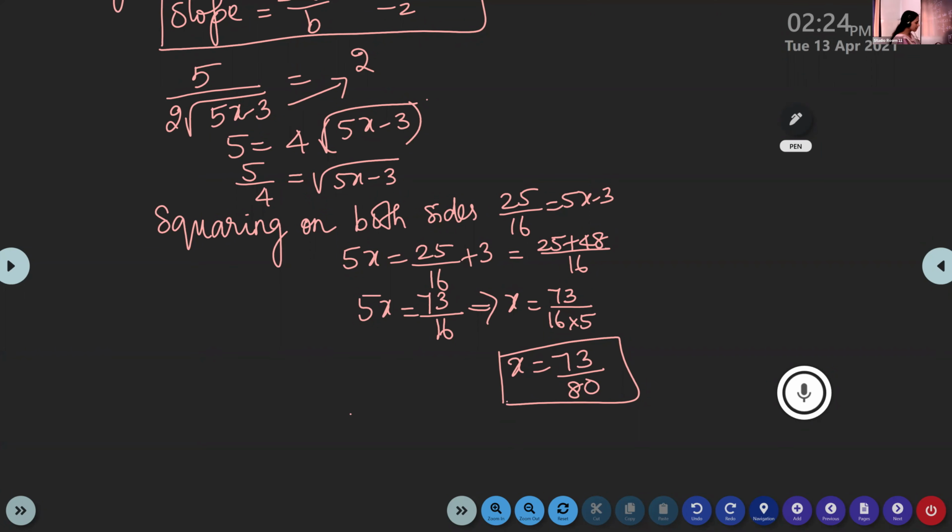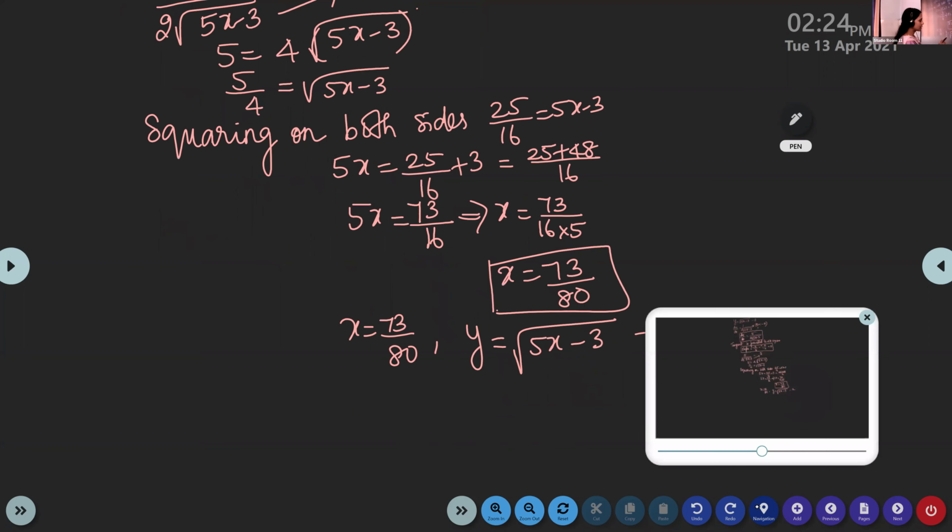So when x is 73 by 80, find out the corresponding value of y. Y is root of 5x minus 3 minus 2. Here you substitute for x. X is 73 by 80. Calculate and tell me the value.